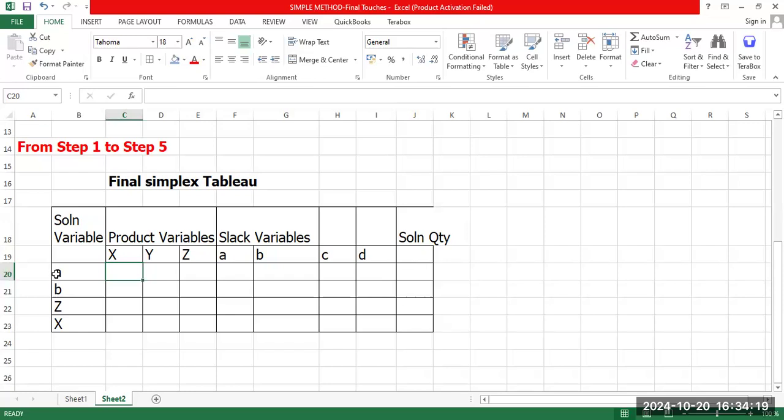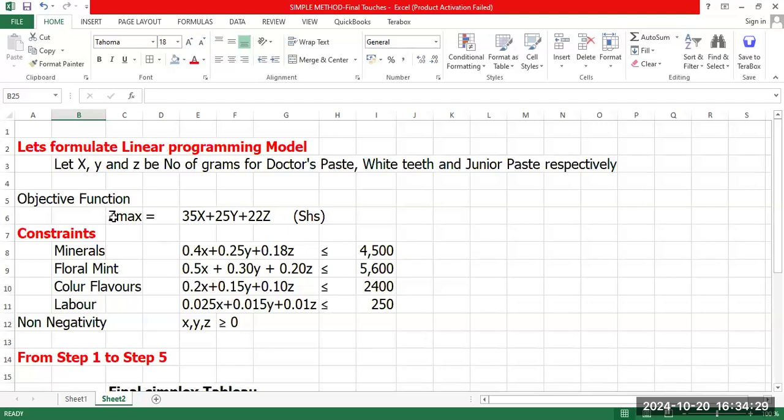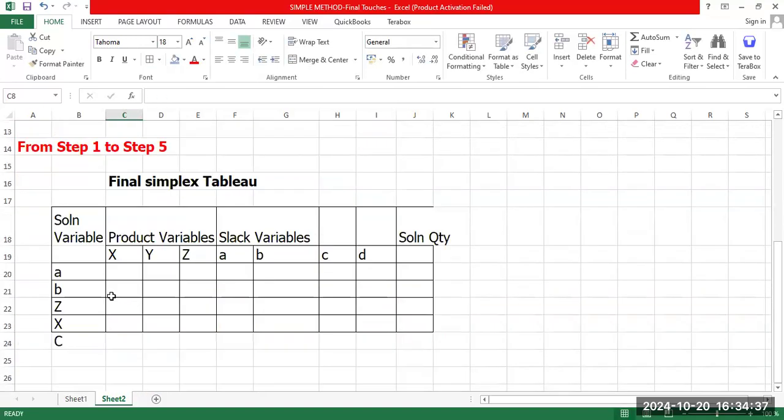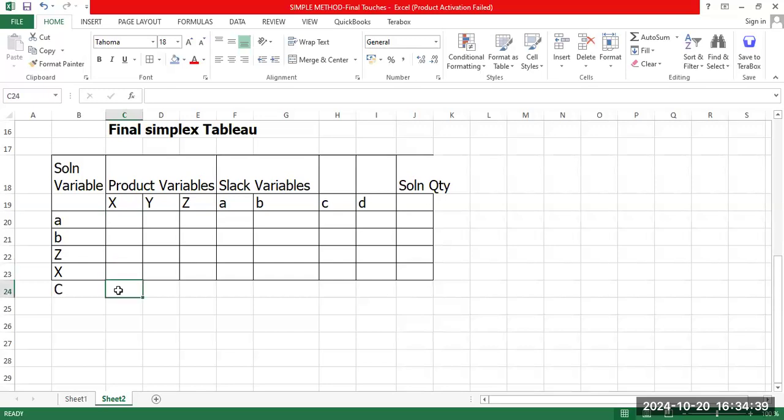Yeah, I will see whether you know how to come up with this. That's how it will appear. Then your contribution will be C. If it is contribution, you can decide to call it C, or you call it Z, depending on what you want. Here you will be having 0. Here you will be having -8.